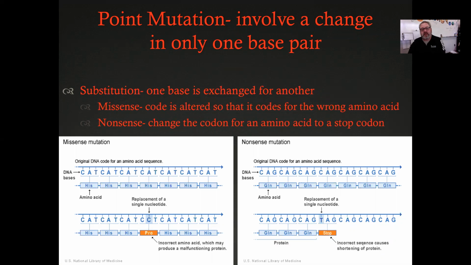There are a few different types of mutations. The first one we'll talk about is called a point mutation. And that happens when there's a change in only one base pair, okay? So we have these bases, right? And let's say we have CAT, CAT, CAT, CAT, and they put it together repetitiously because it's a little bit easier to see. Now, CAT is the codon that codes for histidine, okay?